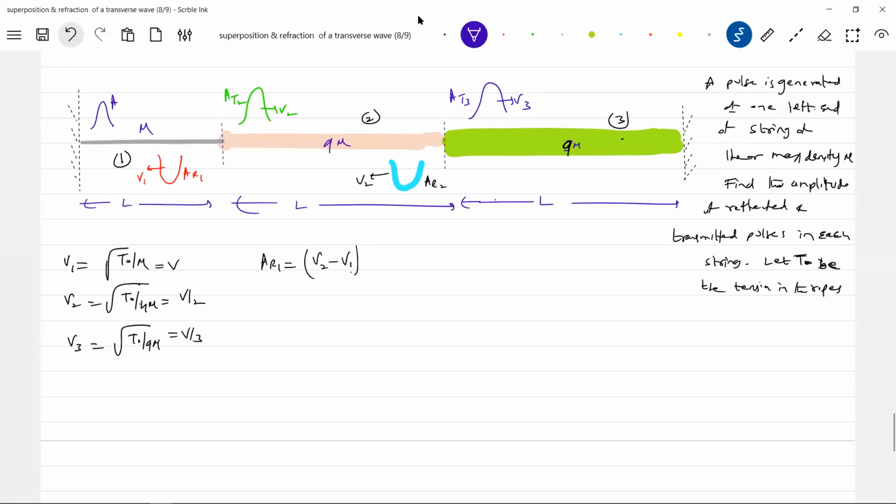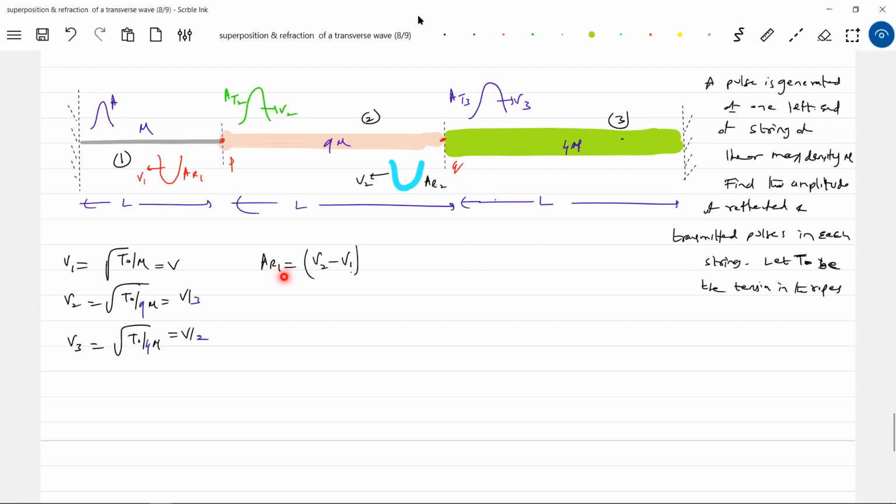I'll give the first boundary the name P, and this boundary Q. At boundary P, the wave is moving from rarer to denser. At boundary Q, the wave is moving from denser to rarer. Let's see what will happen, because we'll get some useful information.